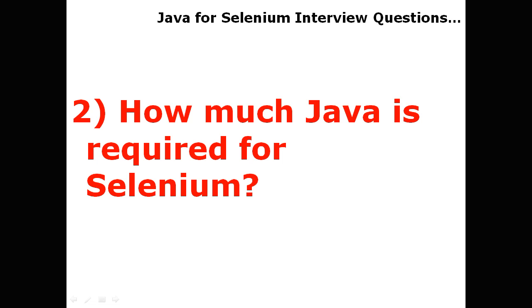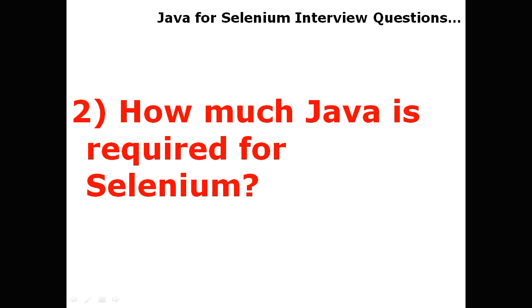One is Java Standard Edition or Core Java. Second, Java Enterprise Edition or Advanced Java. Third, Java Micro Edition for small devices like mobiles. For our Selenium, Java Standard Edition or Core Java is enough.